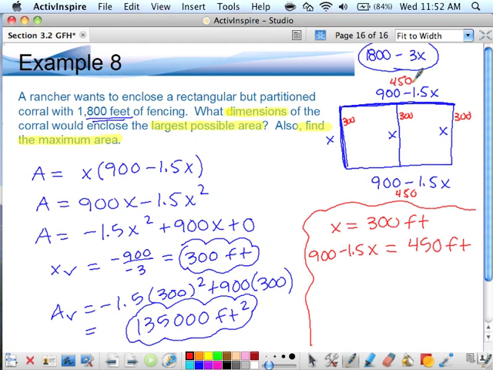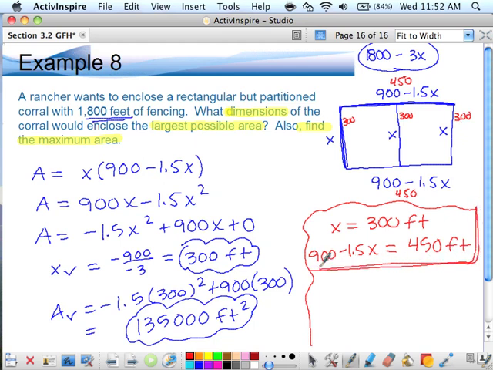Let's see what that gives us. 450 plus 450 is 900, plus 300 is 1,200, plus another 300 is 1,500, and then the final 300 comes to 1,800. So sure enough, the perimeter of that fencing does come out to be 1,800, which is what I needed in this problem.